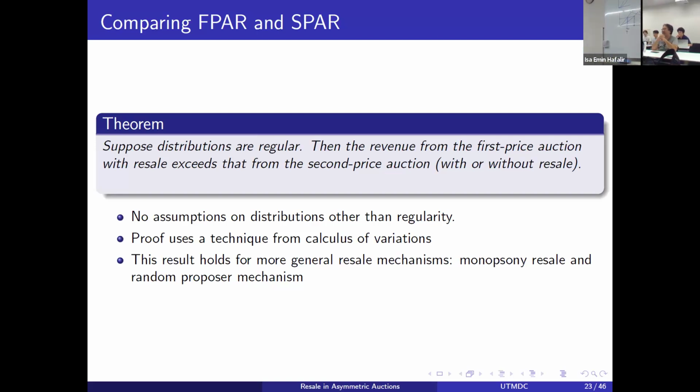Compared with the first price auction without resale, that's going to come in the sixth stage. We have a conjecture, which we were not able to prove. So for some PhD students who are still interested, it's still an open problem: we conjecture that the first price auction with resale is actually better than the first price auction without resale.